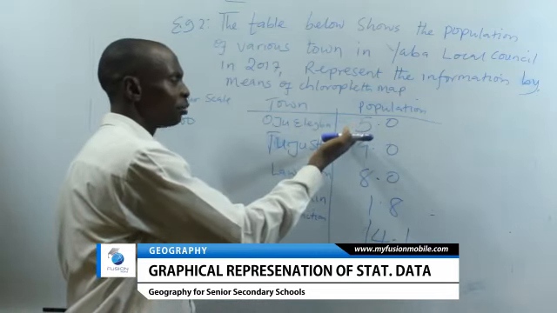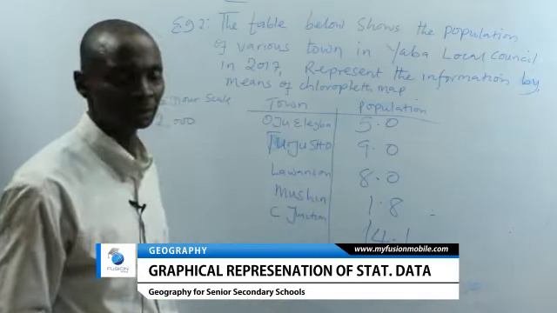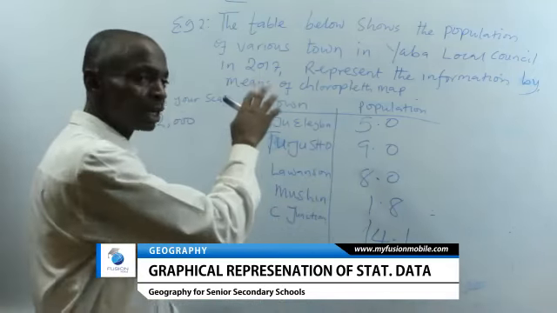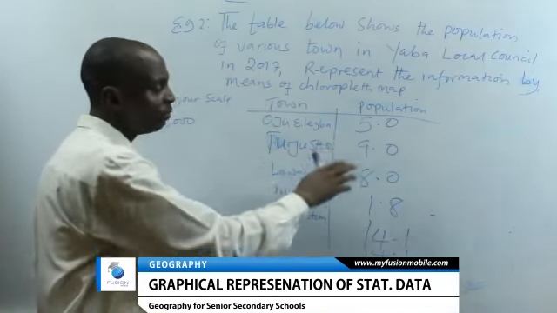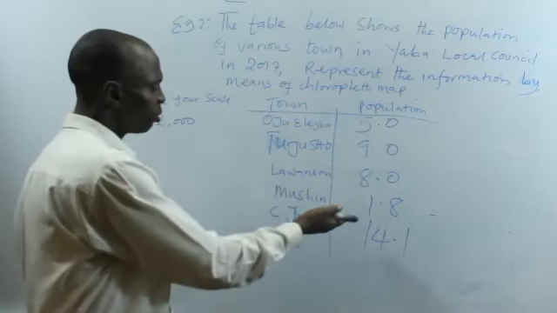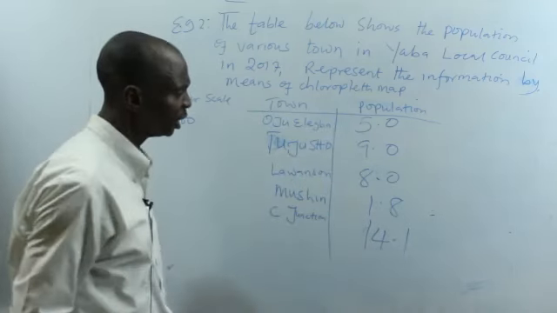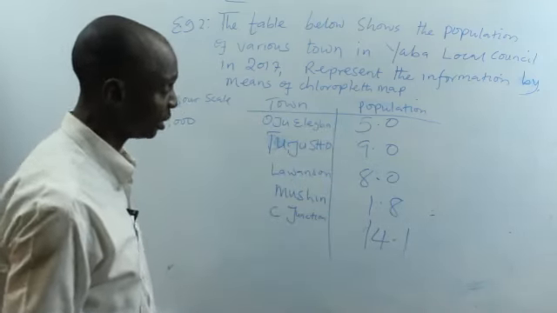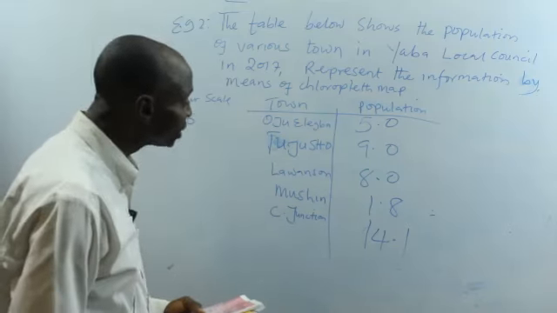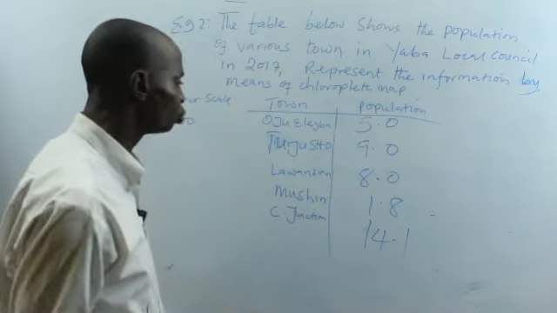Number one, the towns have values, and you are going to group them. That is the step. For convenience's sake, you can divide these five villages into 4 or into 3, so that each of these can fall into one group.